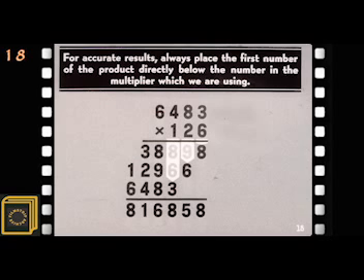For accurate results, always place the first number of the product directly below the number in the multiplier which we are using. When there are zeros in the multiplier, the work is easier if we remember to bring down the zero into the product exactly below the zero in the multiplier.